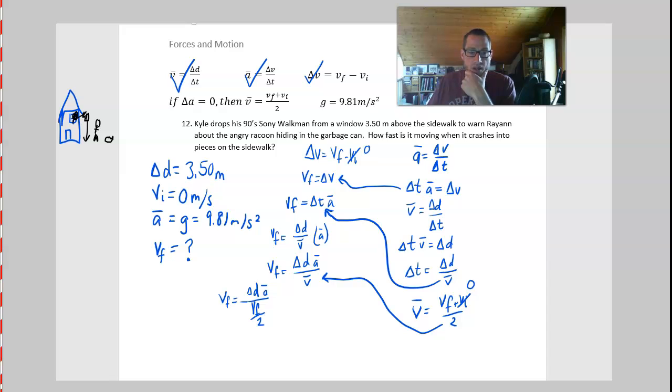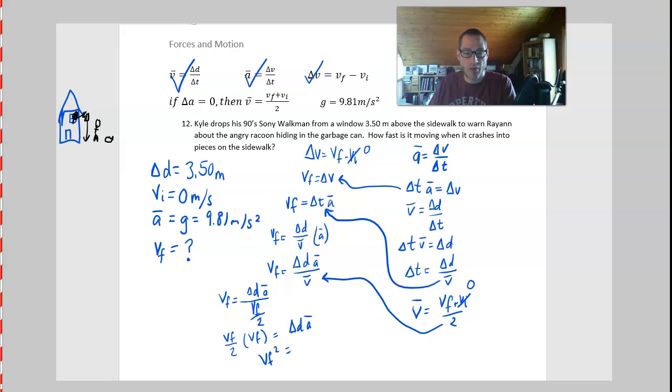We have the unknown. The big problem here is we have two VFs. That's a little bit of a problem, but we can fix that up. So let's rearrange it so all the VFs are over here and all the other stuff is over here. I'm going to multiply both sides by VF divided by 2. So you're going to get VF divided by 2 times VF, and that's going to equal delta D A bar. Well, VF times VF is VF squared.